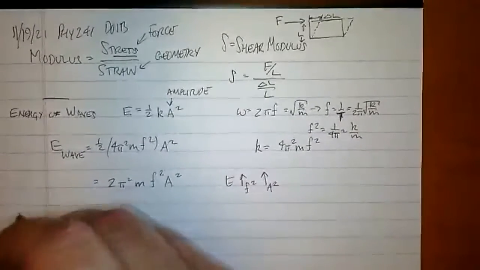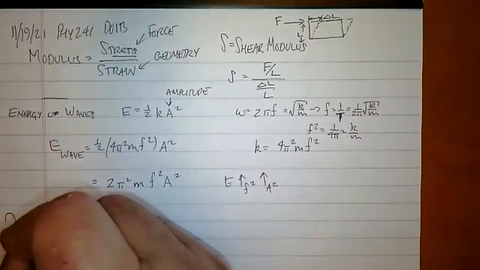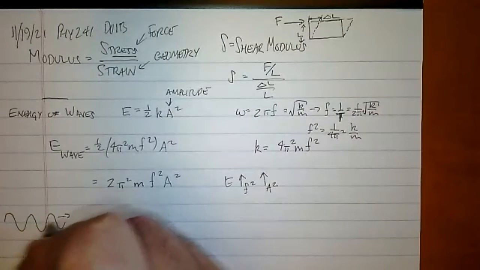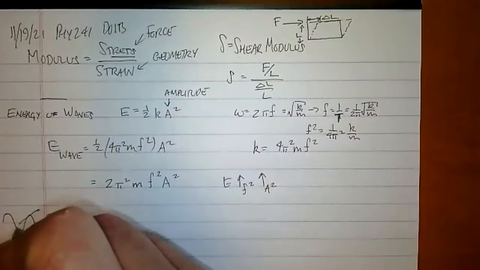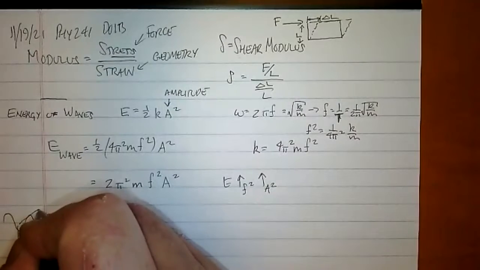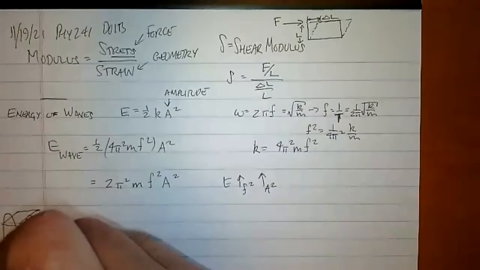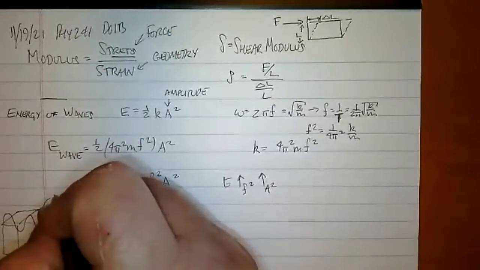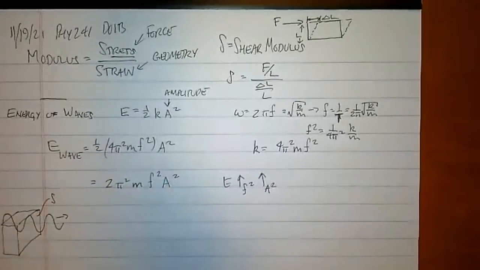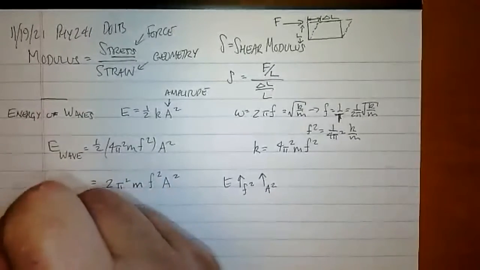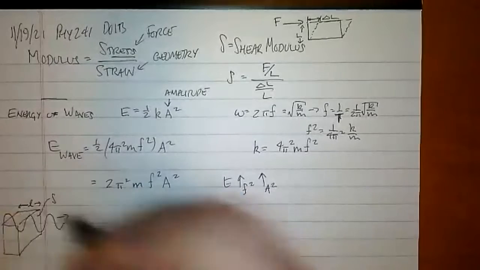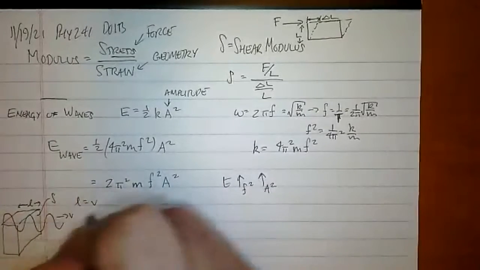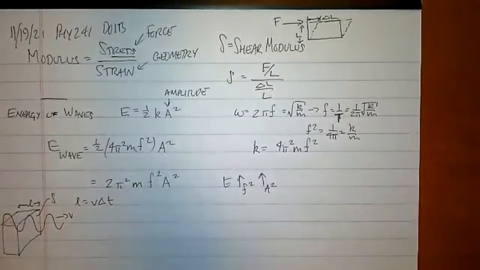So if you imagine that a wave is traveling like this, and you take a little box, say, and you imagine that box has a surface area S, then you know the length of that box, L, is going to be given by the velocity of the wave times delta t.